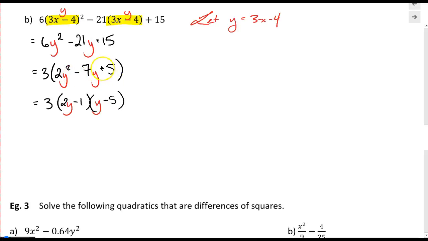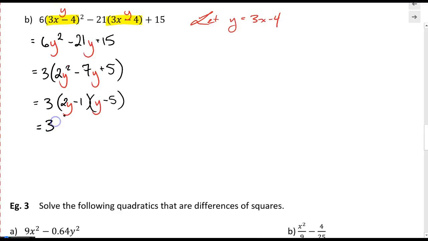The reason I did that is because although my constant is positive, which means I need to have two factors with the same sign, so negative times negative, positive times positive, because that middle term is negative, I know to use negatives instead of positives. So great, I look like I'm finished here. But because I had substituted out my actual variable along with some other information, now I need to plug that back in and solve for it.